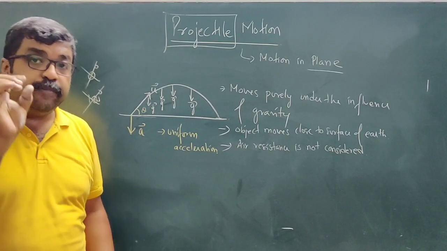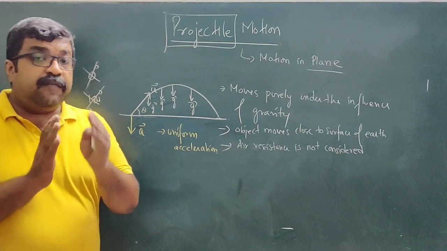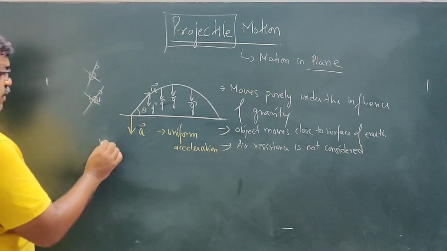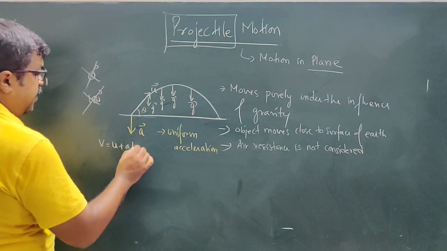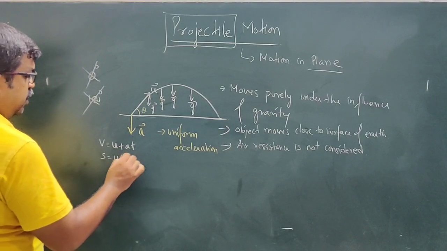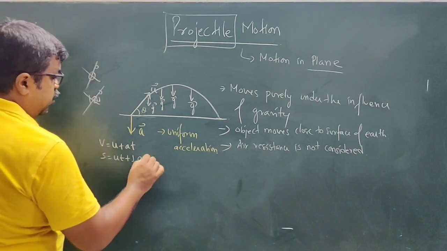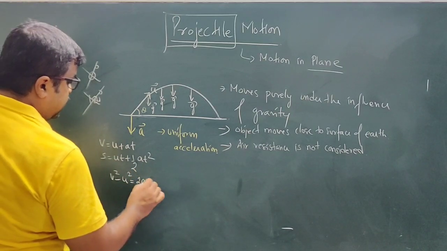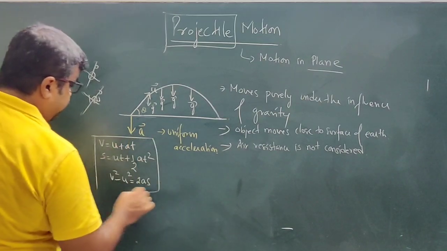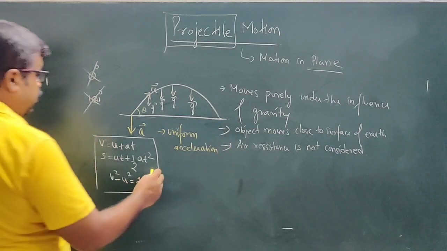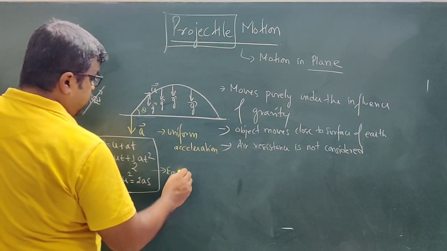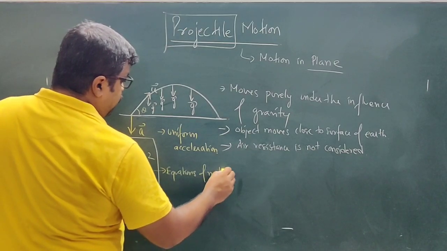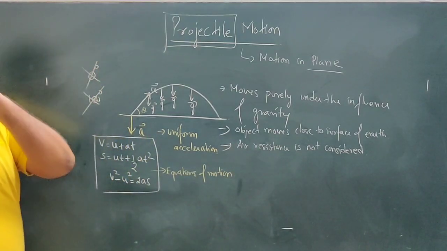This condition is important because we have derived the three equations of motion: v equals u plus at, s equals ut plus half at square, v square minus u square equals twice as. These are called equations of motion.